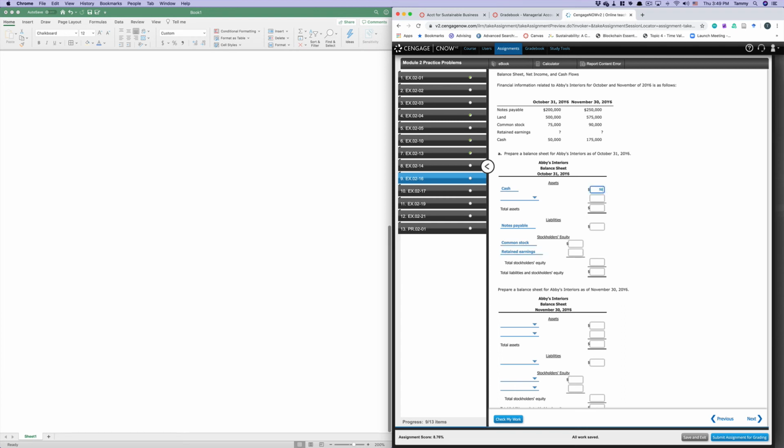for instance, $50,000 for cash. And what else do we have in the assets? Land, $500,000 for land. Right, and then you fill in the total 550, etc. And then, once you have gotten your total assets and everything in your liabilities and equity, which has to be the same as the total assets, right?